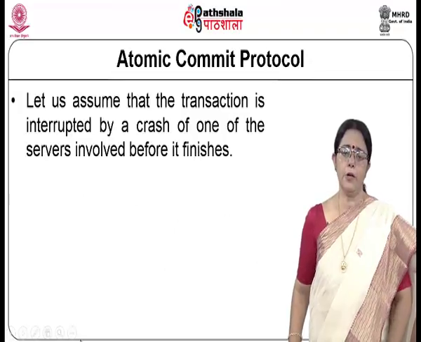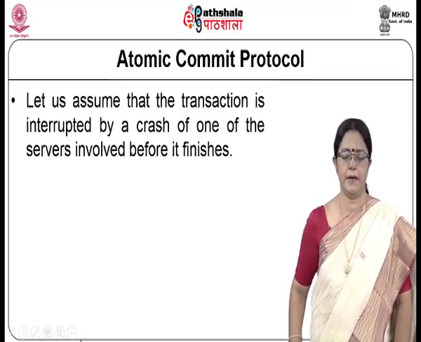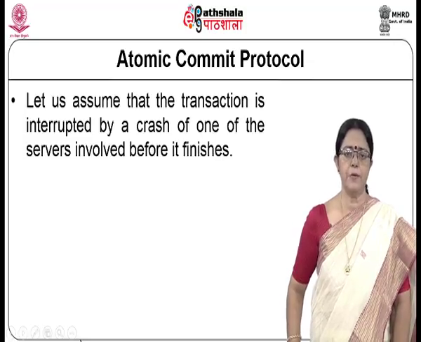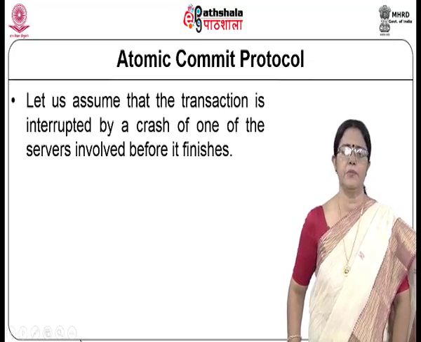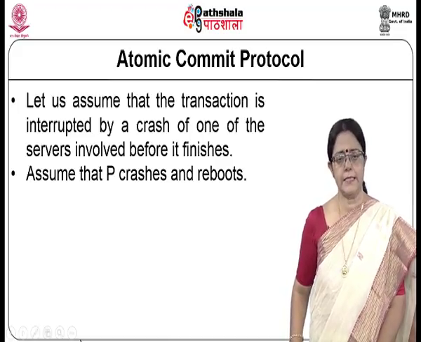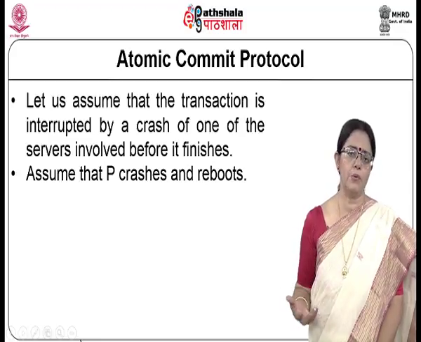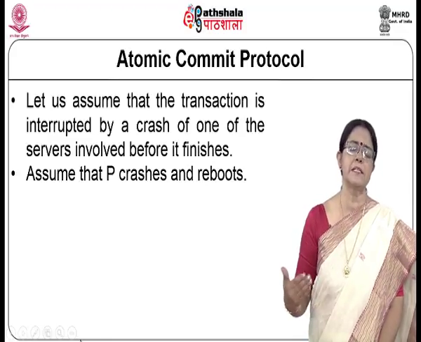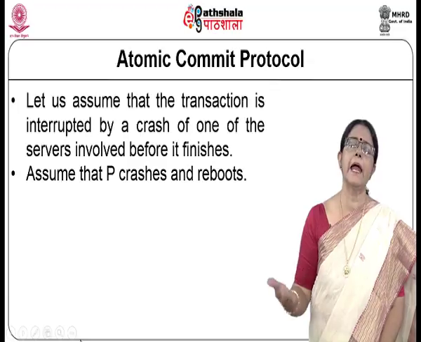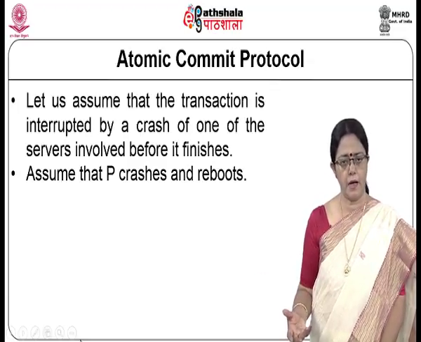In the atomic commit protocol, let us assume that the transaction is interrupted by a crash. What happens if P, or any one of the servers, crashes? No cloud can afford to have a server crashed for a very long time, so within some time the server will come back up.